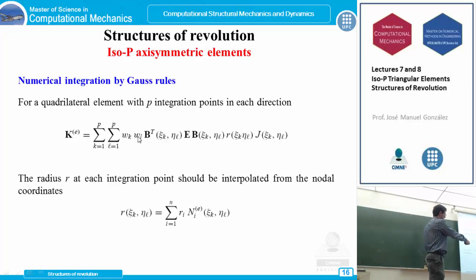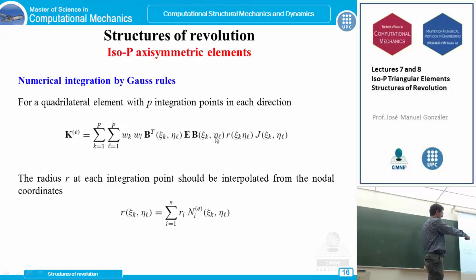We use these 2 weights, which are associated to any integration point depending on the quadrature we are using. This strain displacement matrix here depends on the natural coordinates, as we have seen in the slide before. This is the elastic matrix, which at first is constant.